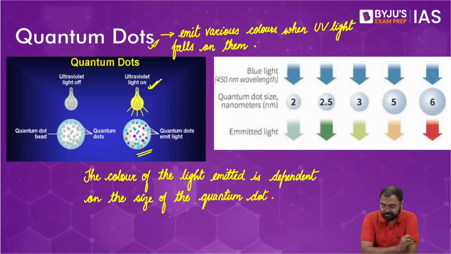All right, so the size of the quantum dot will determine what kind of color it will show. As you can see here, the bigger ones are showing red color. The smaller ones are showing bluish color.